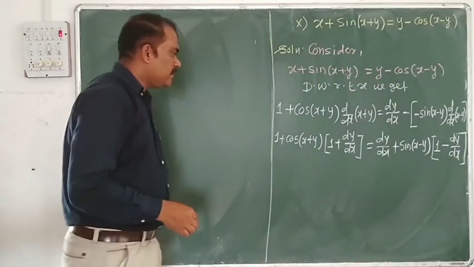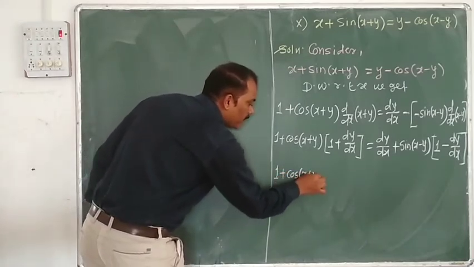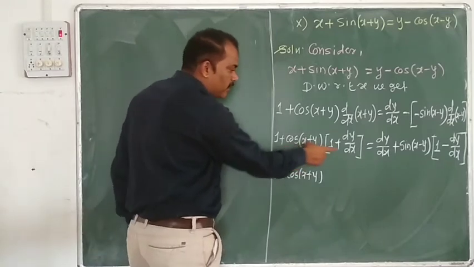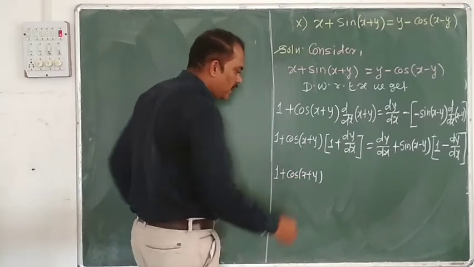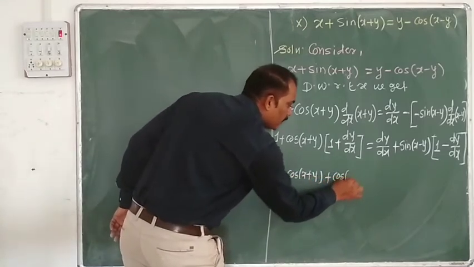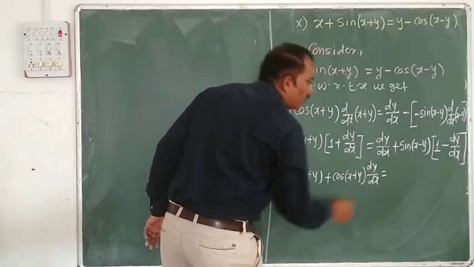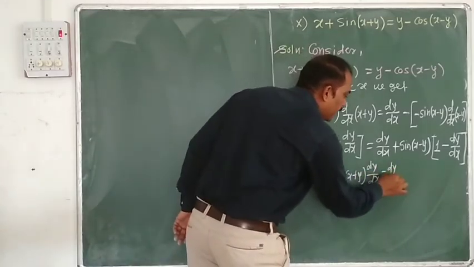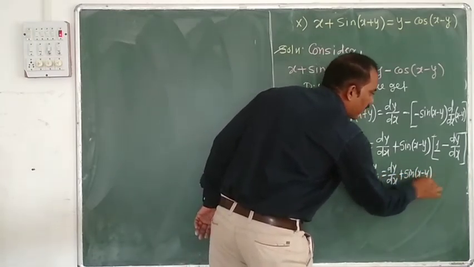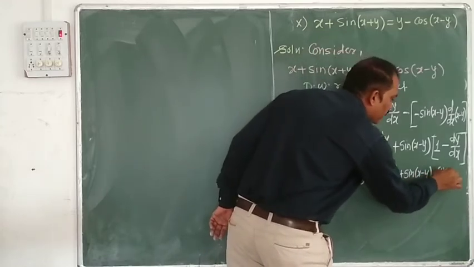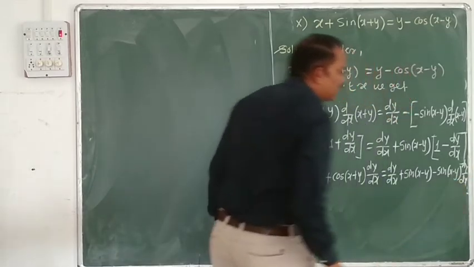Now we have to just simplify that. 1 plus cos of x plus y, we multiply this cos of x plus y to this bracket, so first we multiply to get cos of x plus y, plus cos of x plus y dy by dx is equal to dy by dx plus sine of x minus y minus sine of x minus y into dy by dx.